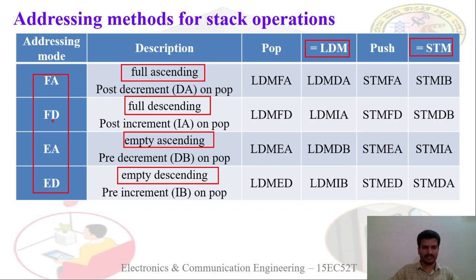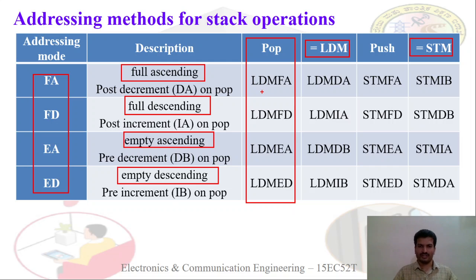So FA, FD, EA and ED: full ascending, full descending, empty ascending, empty descending. These are for the pop operation. Here we are using LDM and STM instructions for the stack operation, instead of push and pop instructions.